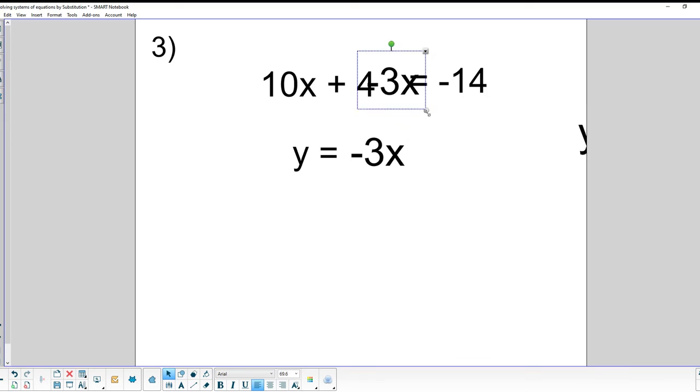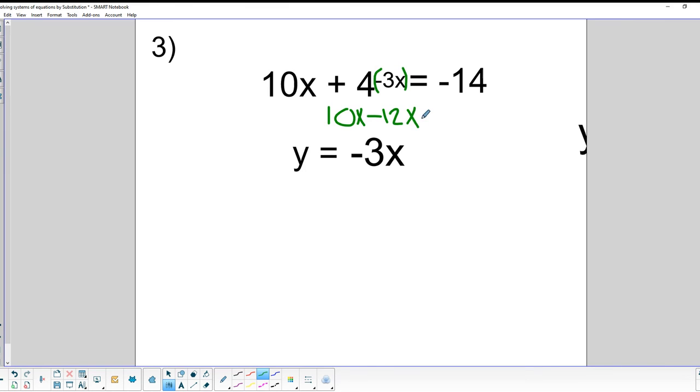We'll shrink it down so it's got a little room to fit. And then we need to put parentheses around it because we know that we are multiplying 4 times -3x. And when we do that, we end up with 10x minus 12x equals -14.